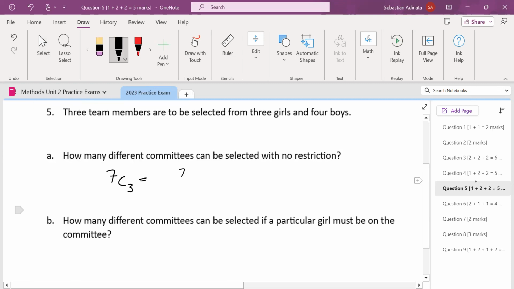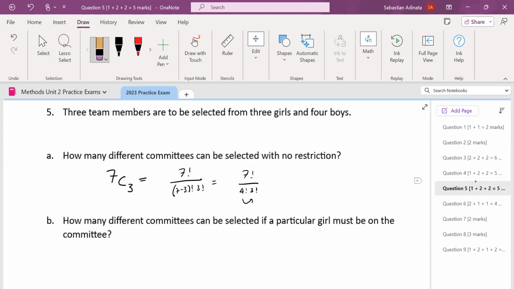So our formula, otherwise known as 4, 3. A good way to check is if these two add up to the number on top, you've done something correct. This is also known as this.